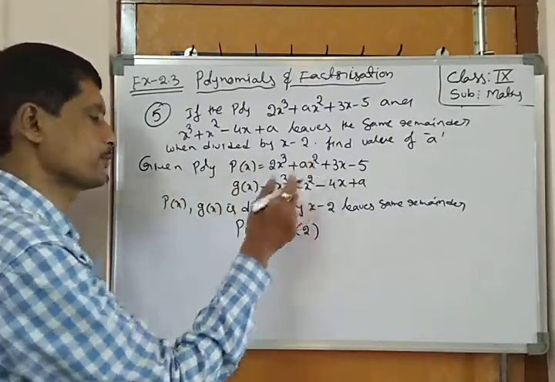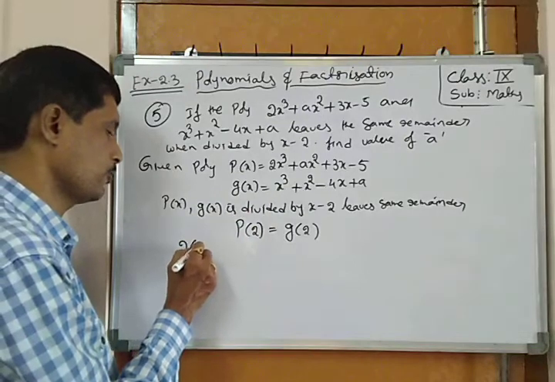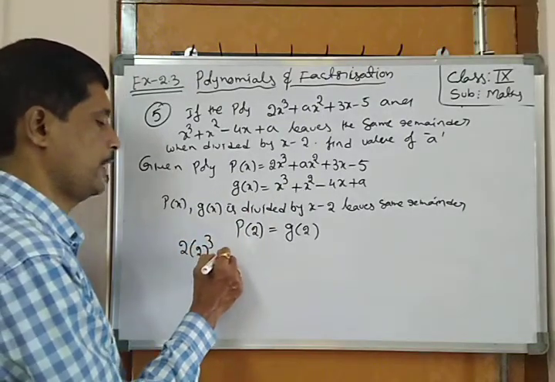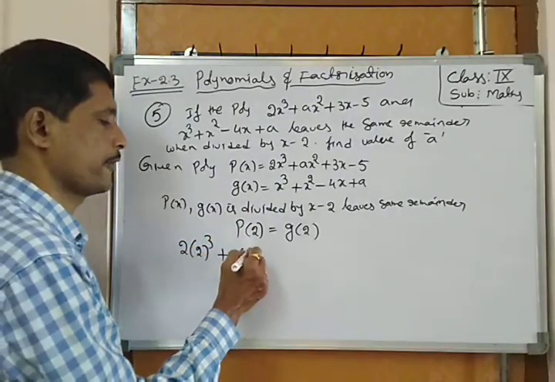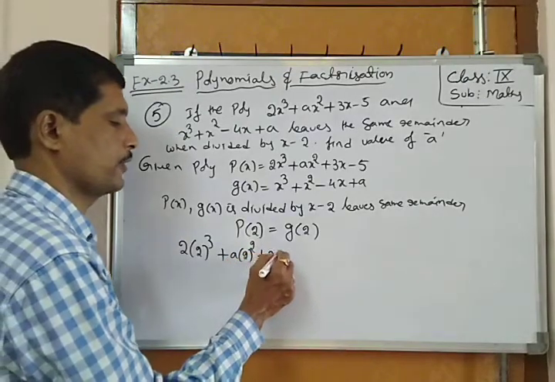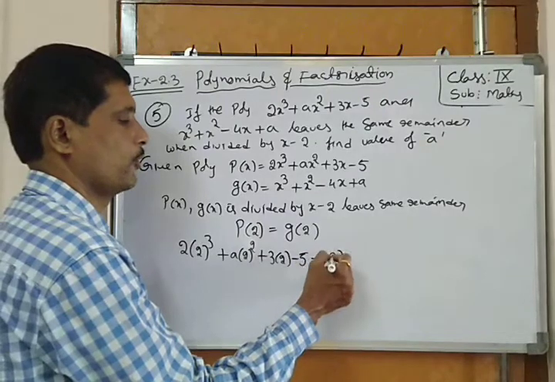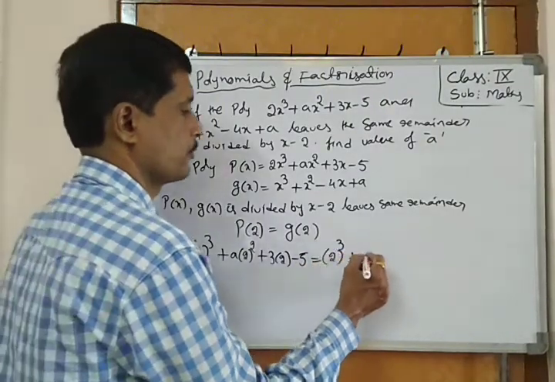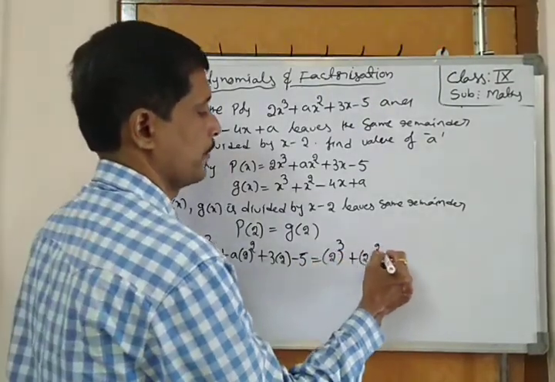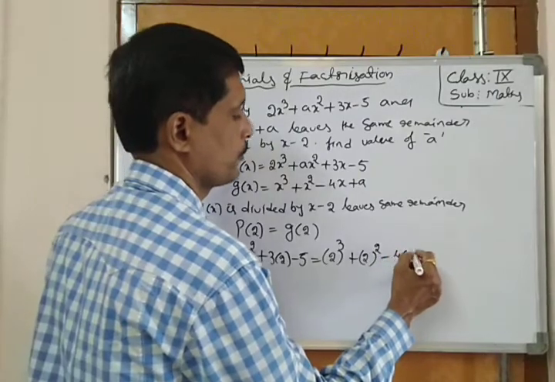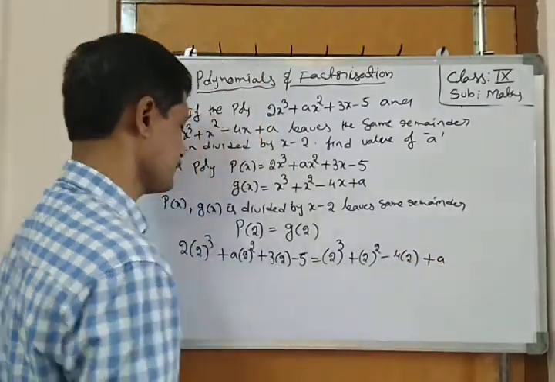P of 2 means substitute 2: 2 into 2 whole cube plus a into 2 whole square plus 3 into 2 minus 5 equal to 2 whole cube plus 2 whole square minus 4 into 2 plus a.